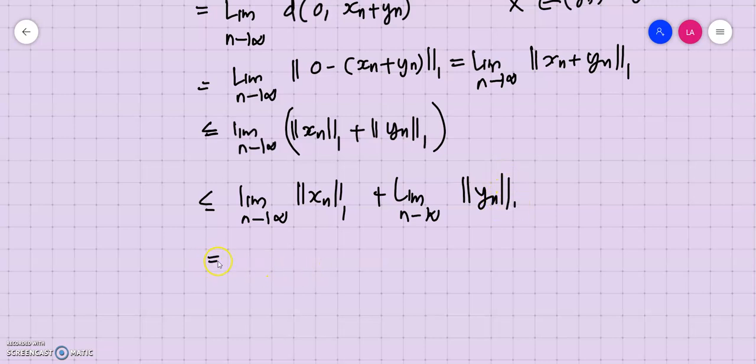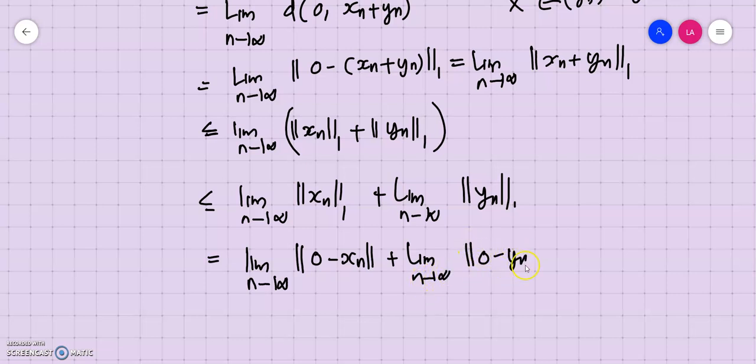So this is actually equal to limit n tends to infinity norm of 0 minus xn plus limit n tends to infinity norm of 0 minus yn, which by definition is actually the limit of d of 0 xn plus the limit of d of 0 yn.